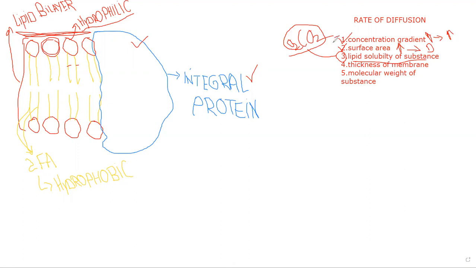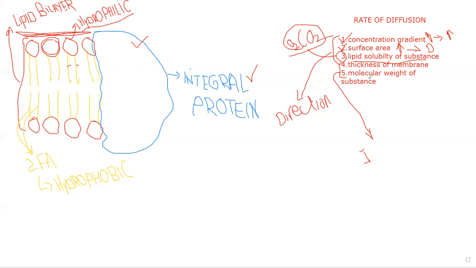The first three things are directly proportional, and the last two things are inversely proportional to the rate of diffusion. If the thickness of the membrane is greater, it is difficult for the substance to pass through that membrane.